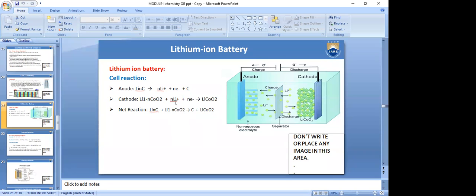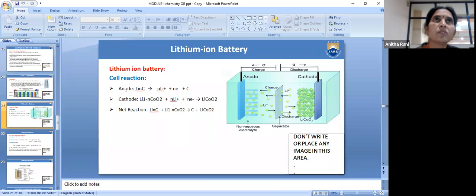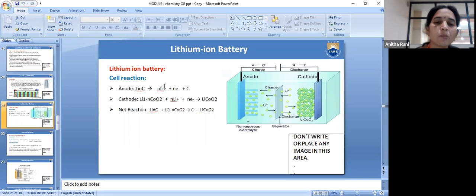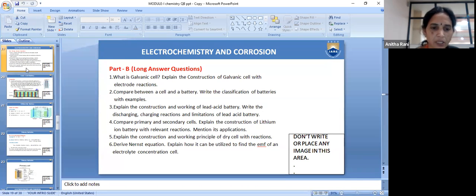Flow of electrons is from anode to cathode during discharging, yes or no? Yes, ma'am. The electrons flow from anode to cathode, and the lithium ion also moves from anode to cathode during the discharging reaction. So now next question, part B.